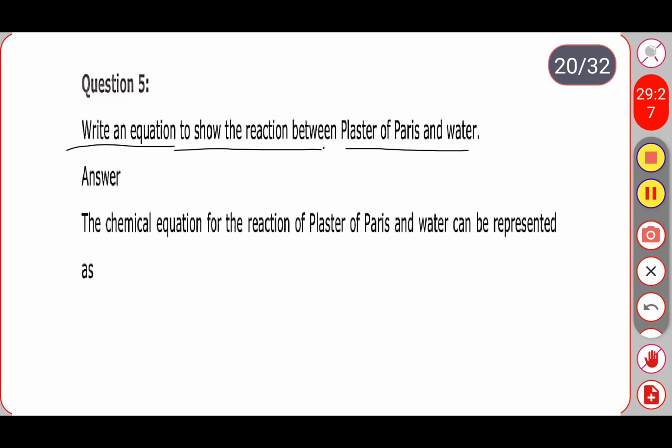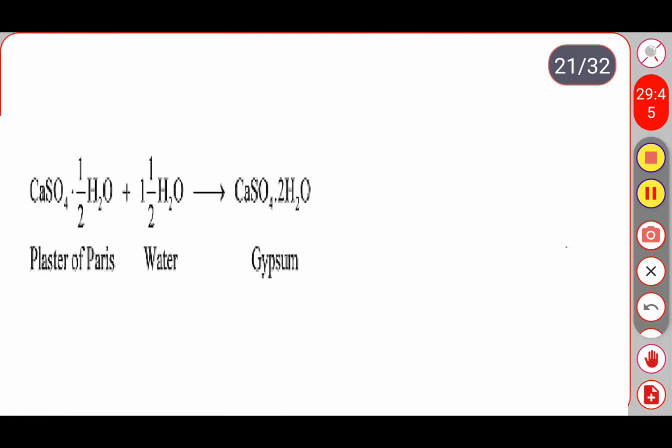The chemical equation for the reaction of plaster of Paris and water can be represented like this: calcium sulfate with 1/2 water, when treated with water, forms gypsum.